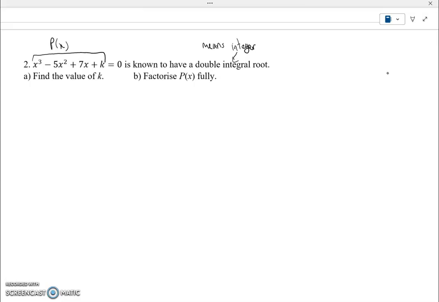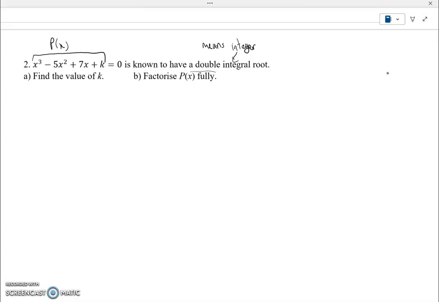So integers are the positive and negative whole numbers, and it's a double root. See, these questions often tell you information if it's a multiple root. Okay, and he says find the value of k.